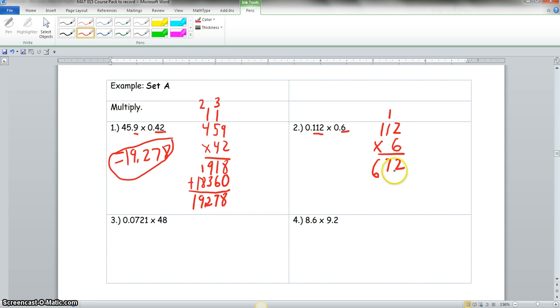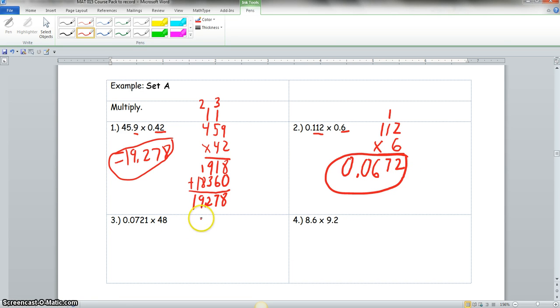But if you notice here, we only had 3 numbers. So whenever you have less than the amount of decimals you had in the original problem, we will add zeros in front of it till you have that exact number. So we have 4 digits behind the decimal, but we must also put that 0 in front of the decimal. So it'd be 0.0672.